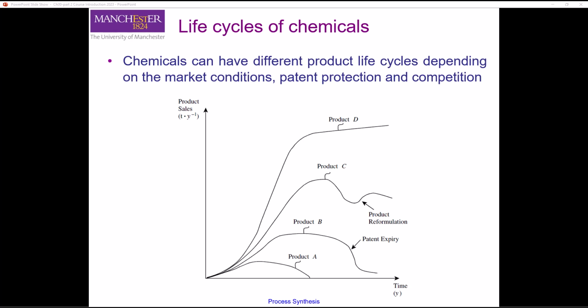You will have a much larger system to design compared to when you are designing a specialty or fine chemical based plant. Then you have a much smaller plant, but then you have different requirements of the process. Okay, so the decisions that you make for your process, and the objectives that you set in your design, are influenced by the type and the properties of your chemical product.